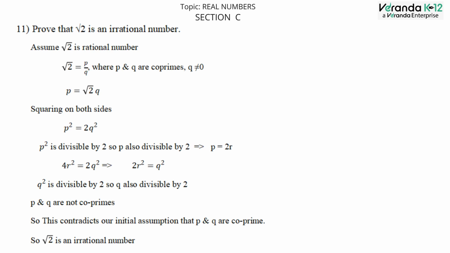On simplifying, we get 2r² equals q². That is, q² is divisible by 2, so q is also divisible by 2. Hence, p and q are not co-primes. But this is a contradiction to our initial assumption that p and q are co-prime. So we can say square root of 2 is an irrational number.